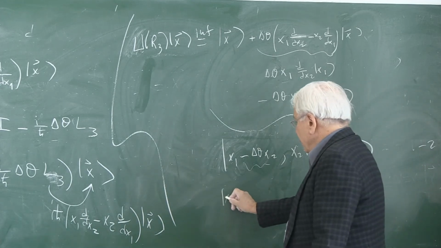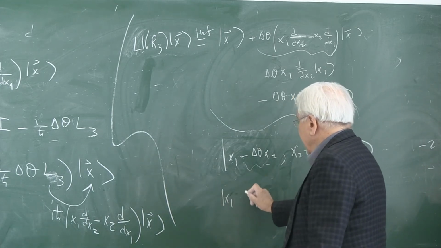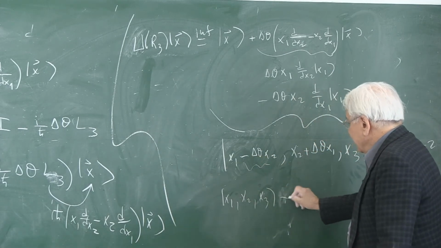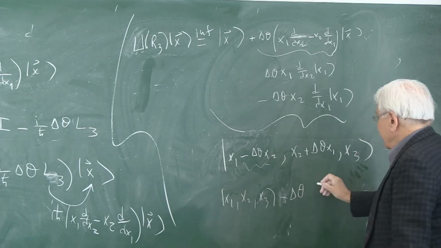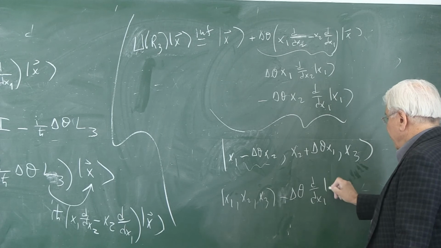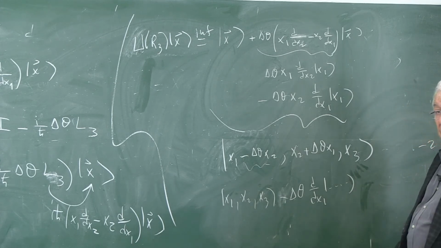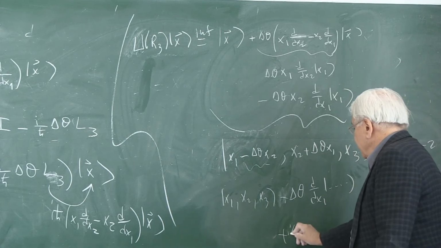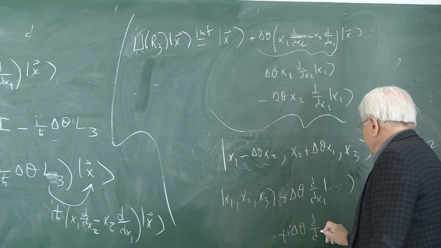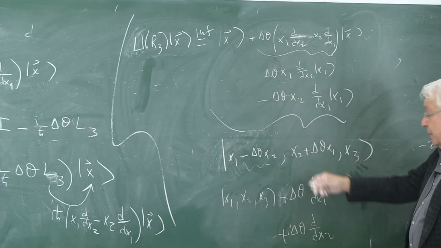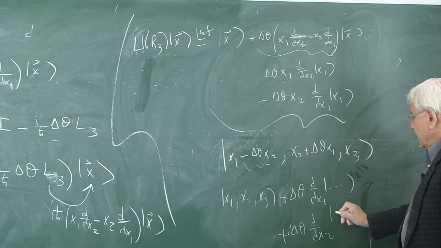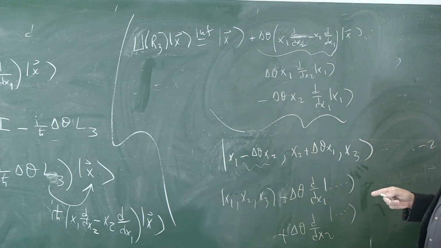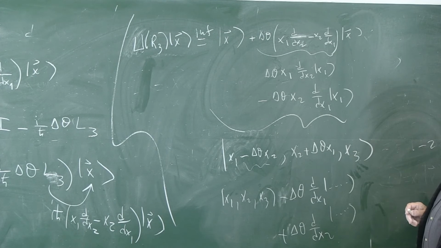So it is x1, x2 and x3 plus or minus delta theta d by dx1 of the entire thing, that is x1, x2, and x3, plus delta theta d by dx2, because that is the second term you are expanding about here, times again x1, x2, x3, and that's it, because there is no additional term. x3 is untouched. Is this the same as that? Yes, right?